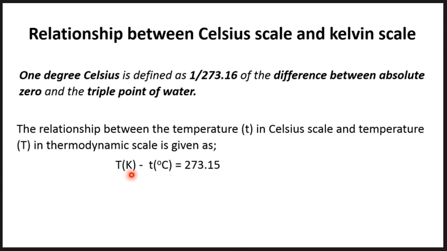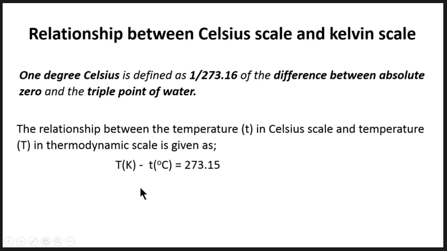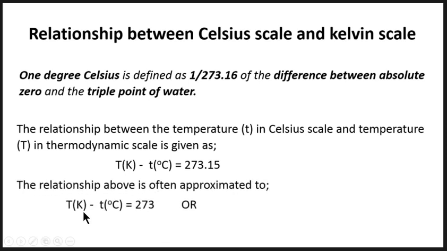So the difference between the two will give us 273.15. Of course, you must have come across this kind of expression before, but this is the right way of writing it. However, the relationship here can often be approximated to T minus t equals 273.